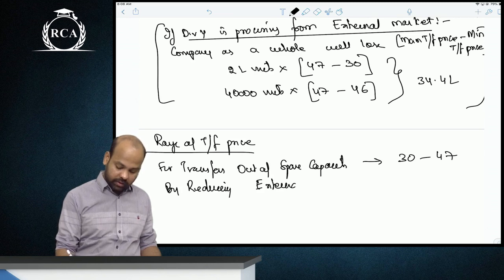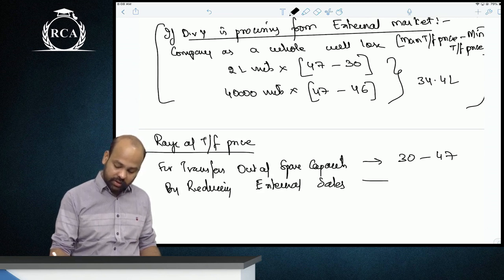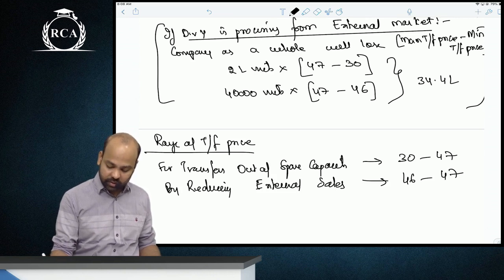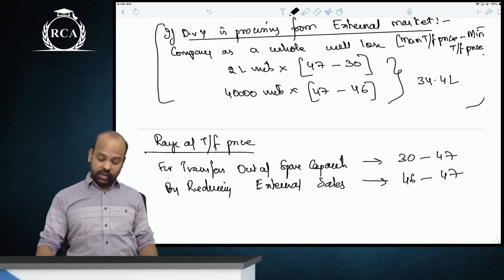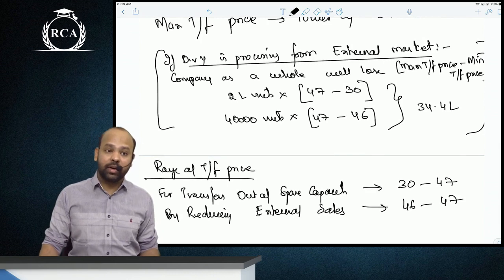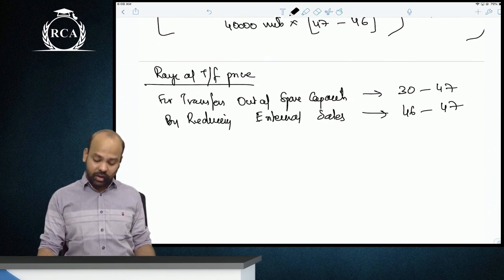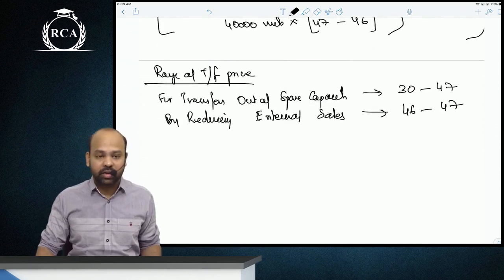By reducing external sales, it is 46 to 47. By transfers out of spare capacity, it is 30 to 47.